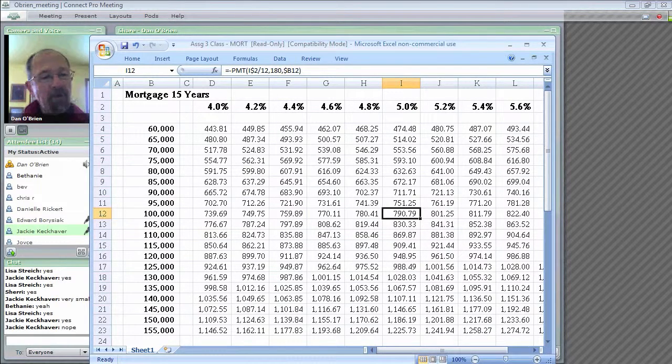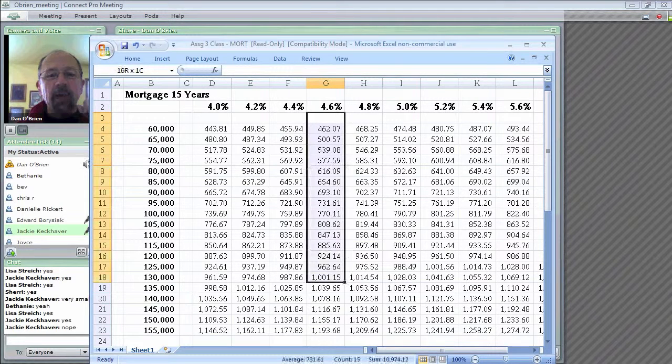Now, to me, I would find this a highly useful tool, especially when you're going house hunting and they say, okay, you'd have a mortgage of this. Let's say you're picking out a house and they say you're going to have 4.6% interest rates. Well, then I know if I have to take a $100,000 mortgage out, I'm going to have $770 as my monthly payment. If I have a mortgage of $120,000, I'm not going to have $770 monthly payments. I'm going to have $924 monthly payments.